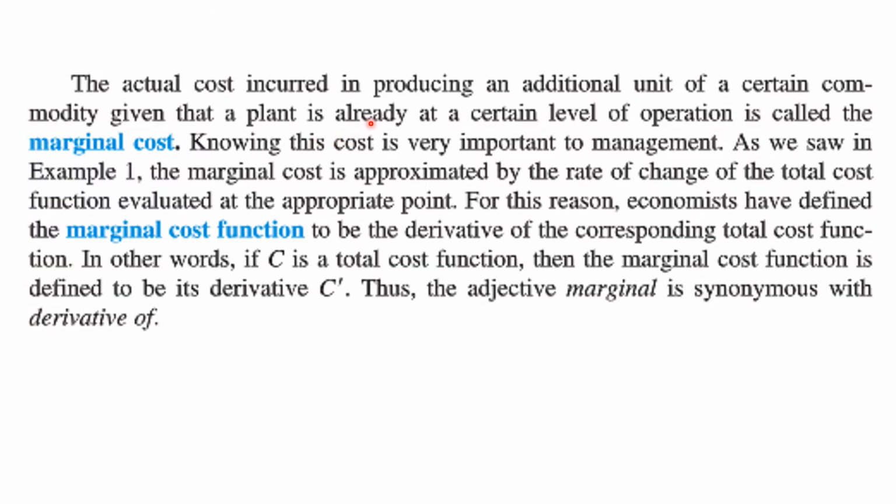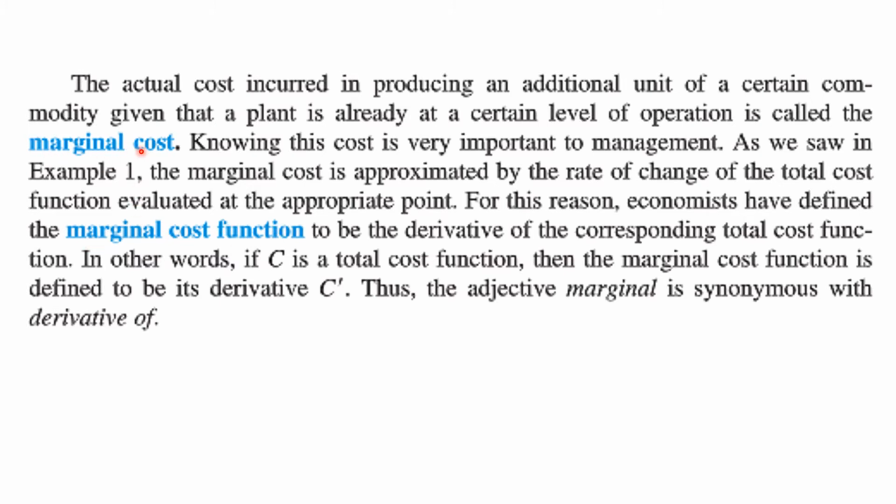So the actual cost incurred in producing an additional unit of commodity, given that a plant is already at a certain level of operation, is called a marginal cost. Now that's very important for management to know, but as we saw, it's approximated very well by computing the derivative of the total cost function. And so for this reason, economists have defined the marginal cost function.